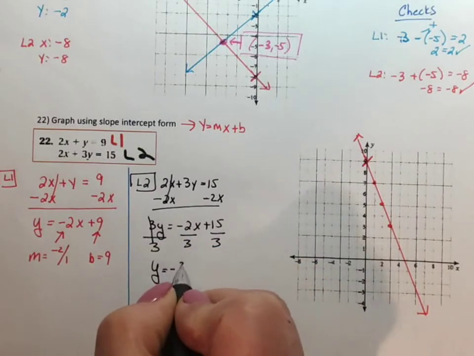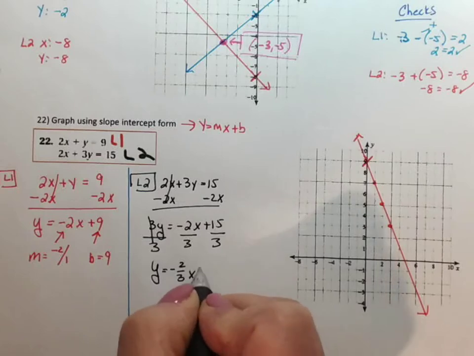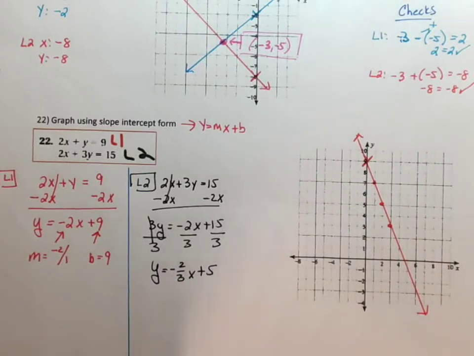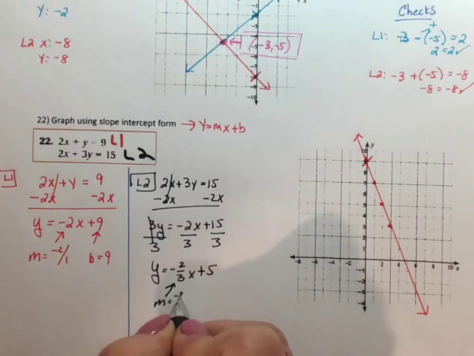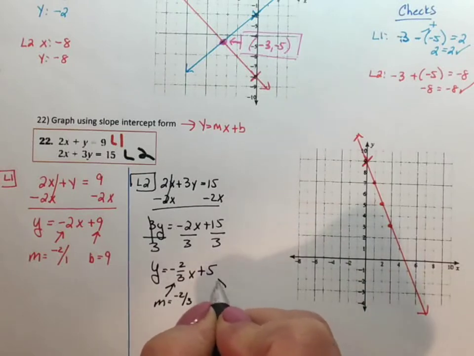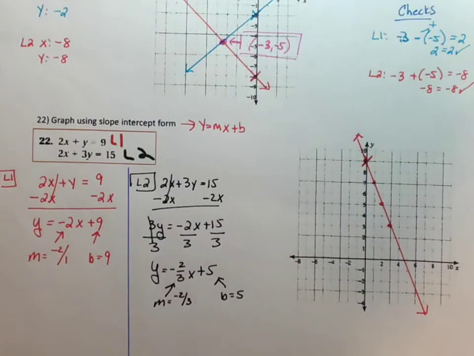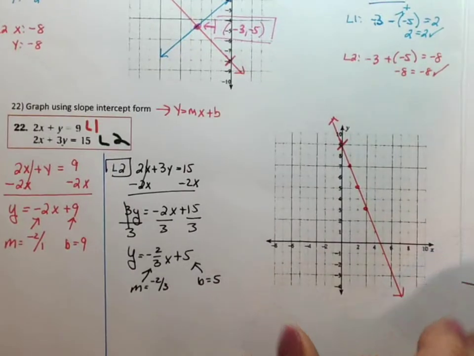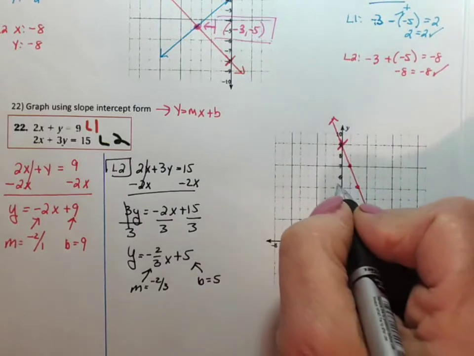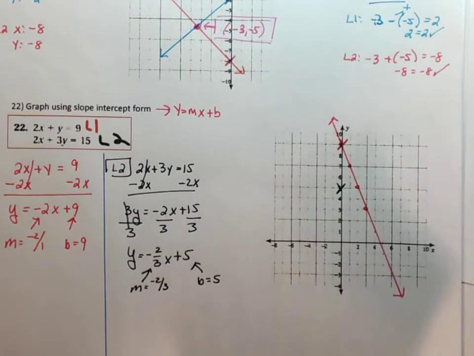Y equals -2/3 x plus 5. My slope is -2/3. My y-intercept is 5. So I'm going to graph that. My y-intercept is at 5.